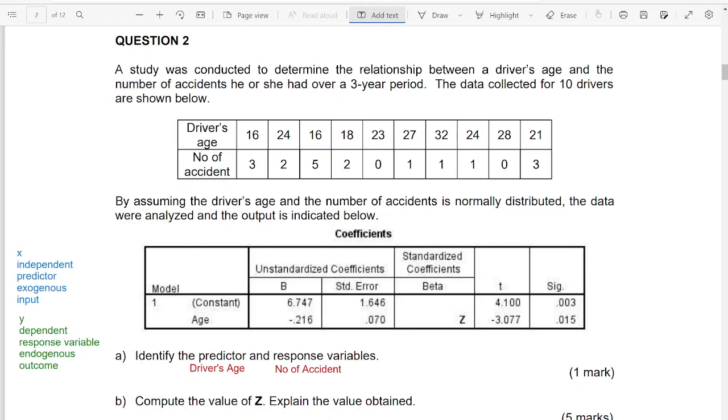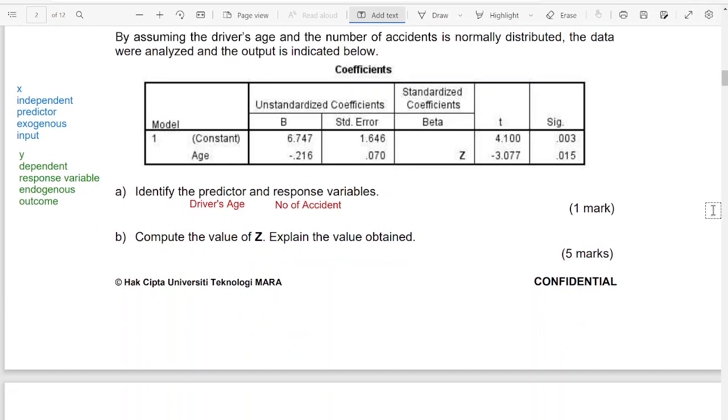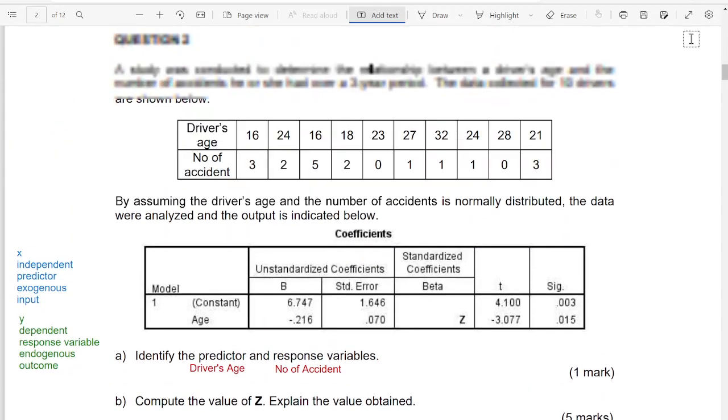Next is to compute the Z value, the value of Z. So this is the beta coefficient. This one is not discussed in the YouTube video, so you have to bear in mind how we calculate it. In order to find the beta value here, this is the standardized coefficient of beta, and this one is the unstandardized coefficient of beta.